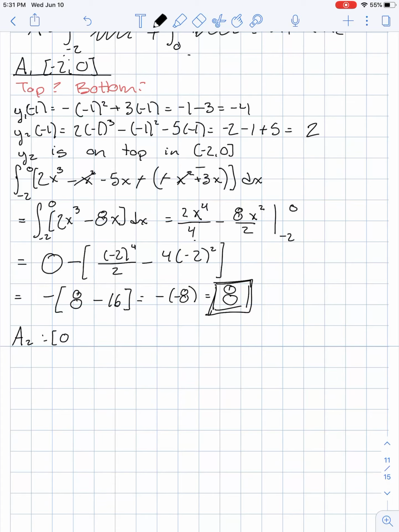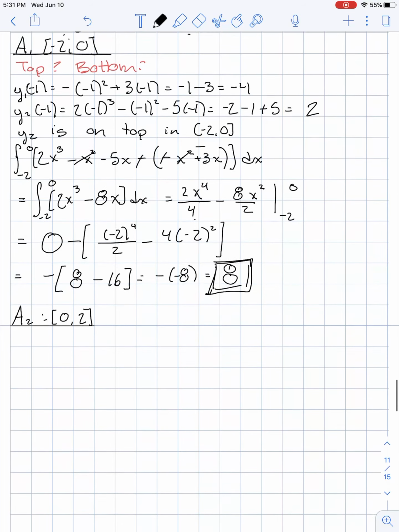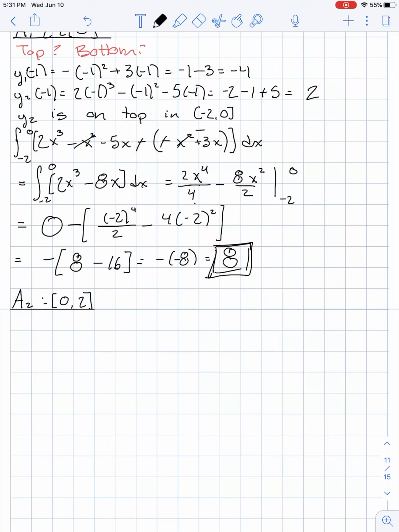We cannot just assume that since they intersected at 0, that they switched top and bottom. So we still need to check. So now let's just plug in 1. So y1 equals negative 1 squared plus 3 times 1. So that's negative 1 plus 3, which is 2.